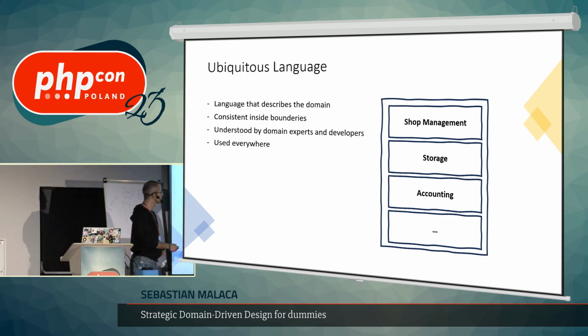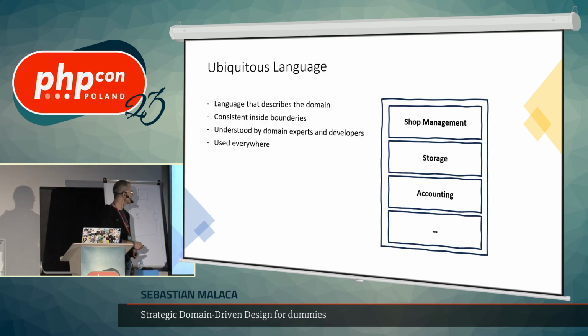I'm using different words when I'm talking about shop management. I'm using different words when I'm talking about storage, and different words when I'm talking about accounting. And it's fine. What is important? Those boundaries are consistent. What does consistent mean? It means that I cannot understand one word in this way or another. Example, with the product. If the storage and shop management would be combined into one subdomain, then our ubiquitous language is not consistent. Why is that?